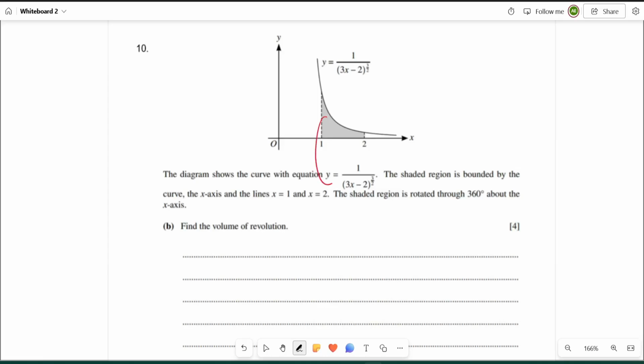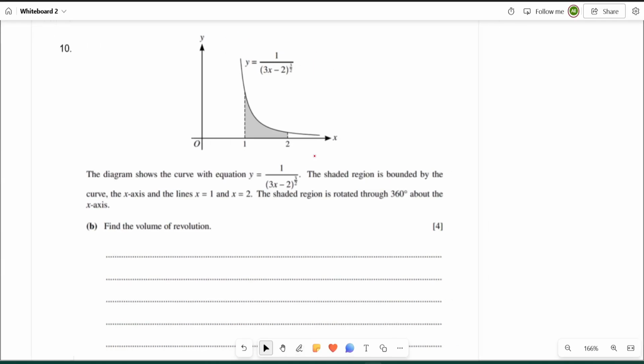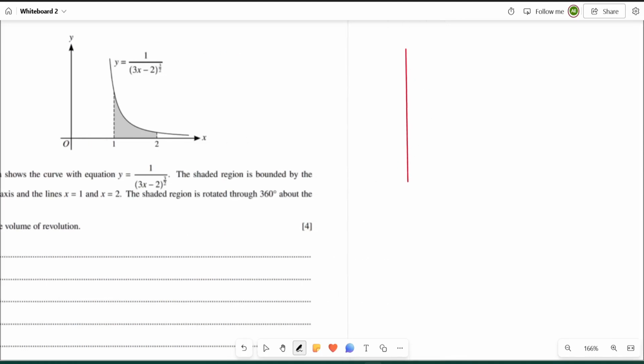So this region, we want to rotate it 360 degrees about the x-axis, and rotating it will create a 3D shape for us, and we are asked to find the volume of that 3D shape. So if I quickly redraw what's happening, we have the curve, and we have this and this, and we are told that this whole region is rotated 360 degrees.